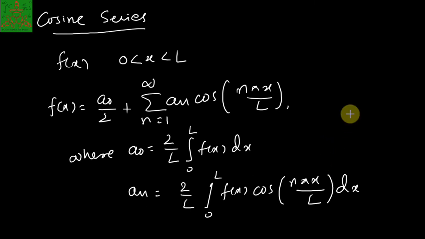Still we don't know what the uniform convergence of this half range Fourier series is. So next I am going to discuss the uniform convergence of this half range Fourier series.